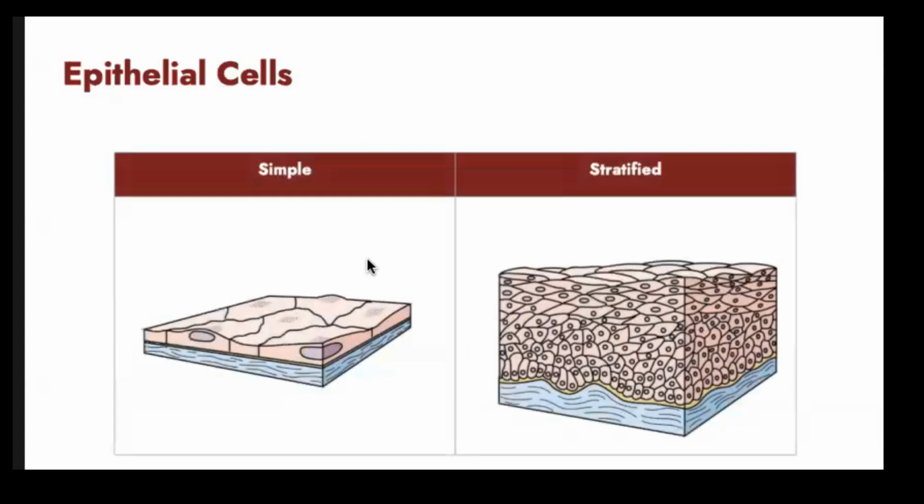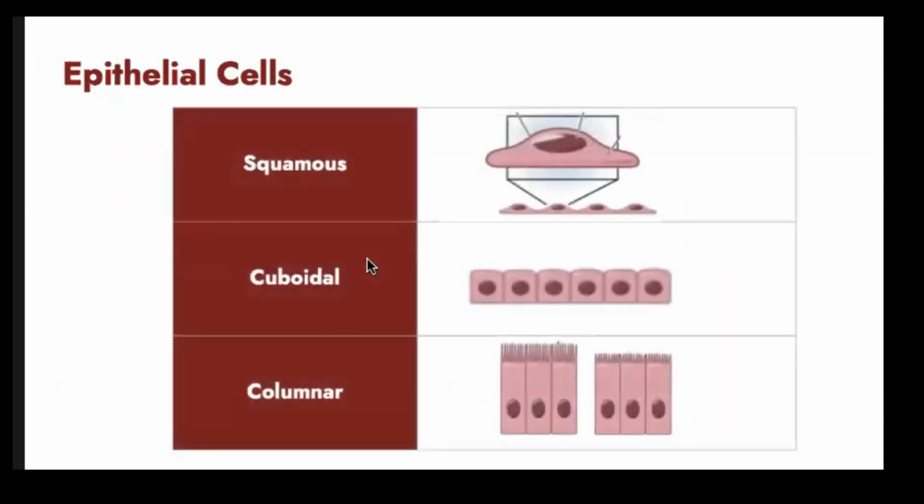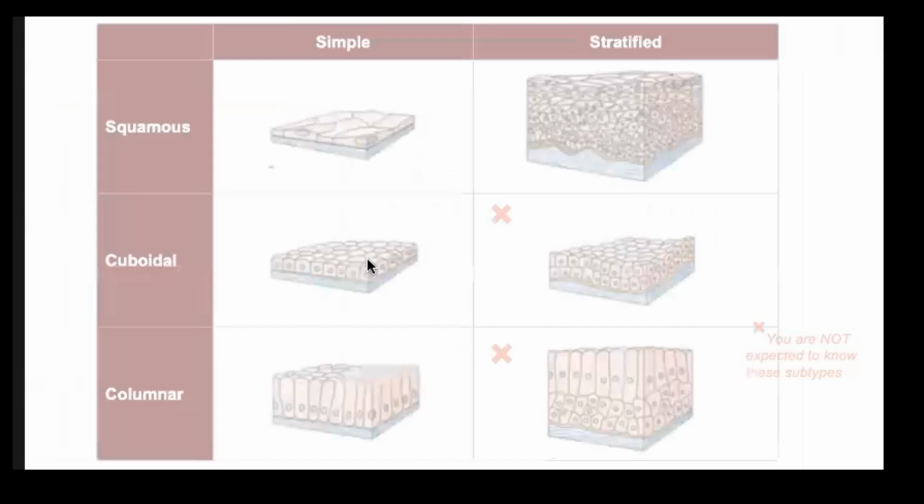You can have either one layer of epithelial cells or a whole bunch of them stacked on top of each other. Simple, stratified. It's kind of like a single tissue paper versus like 40 papers sitting on top of each other. You're going to add some strength. If you want to think about shape, you have three different shapes: flat is squamous, cuboidal are boxes, columnar are pillars.